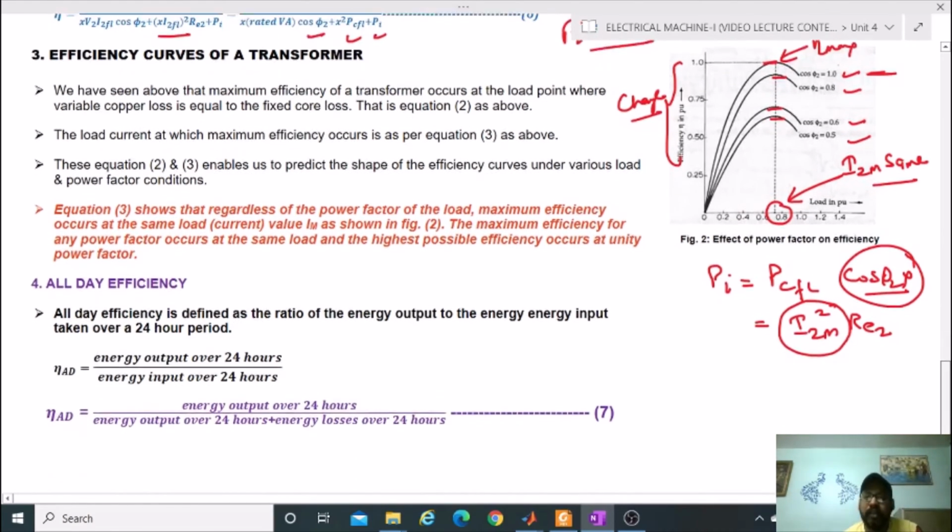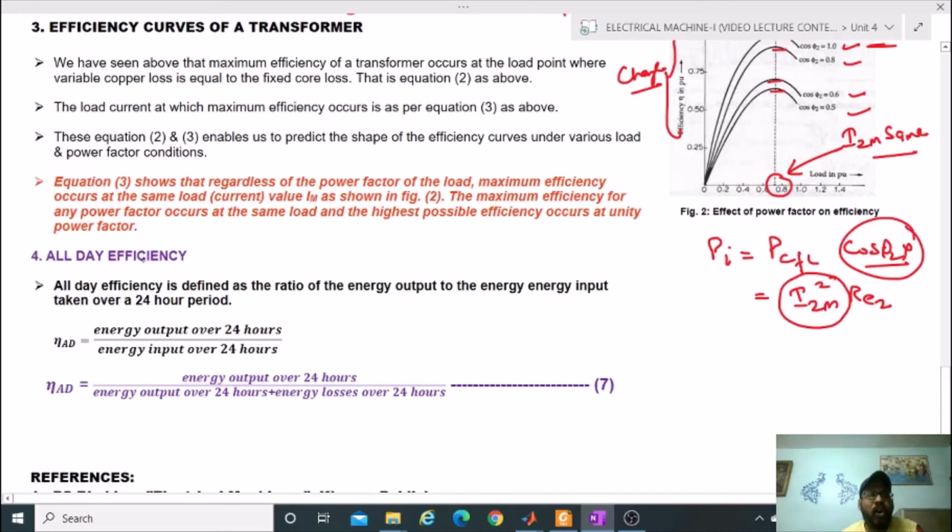Okay. Now last is the all day efficiency. It is simpler. The all day efficiency is basically calculated in the case of distribution transformers, the transformers which are used in the distribution network.